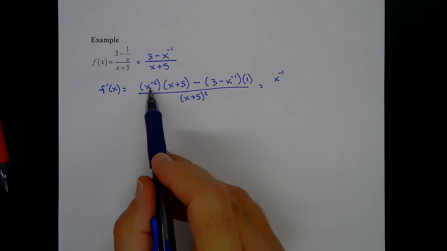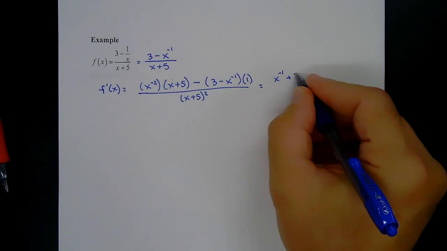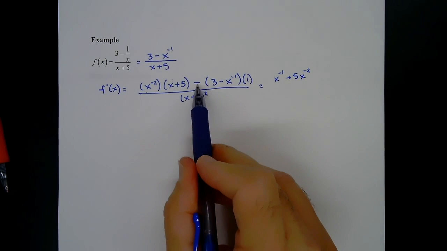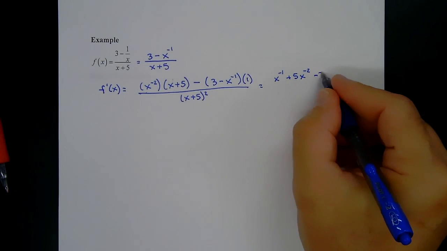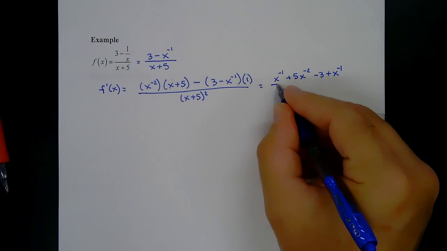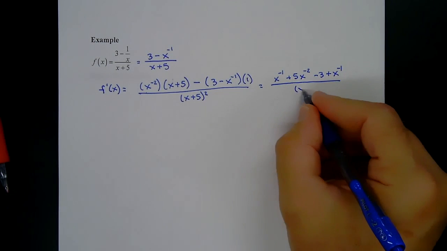And then x to the negative 2 times 5 would be plus 5x to the negative 2. And really, I just need to distribute this negative, so minus 3 and then plus x to the negative 1, all over x plus 5 squared.